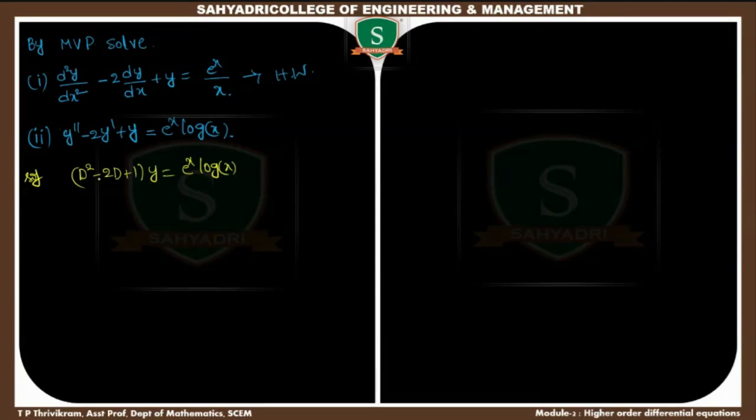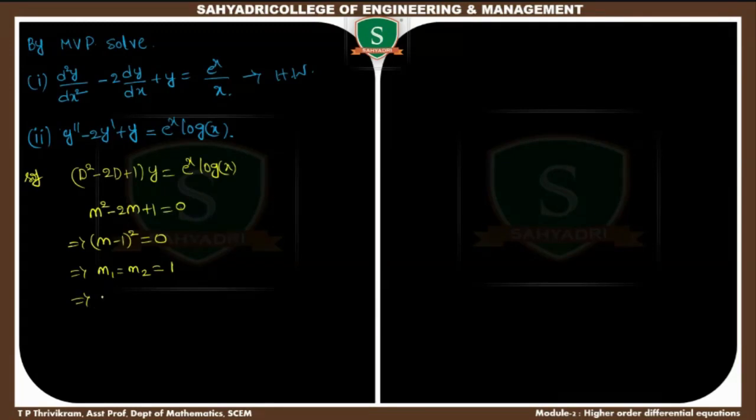Now m square minus 2m plus 1 equal to 0 implies m minus 1 whole square equal to 0, so m1 equal to m2 is equal to plus 1. Correct.